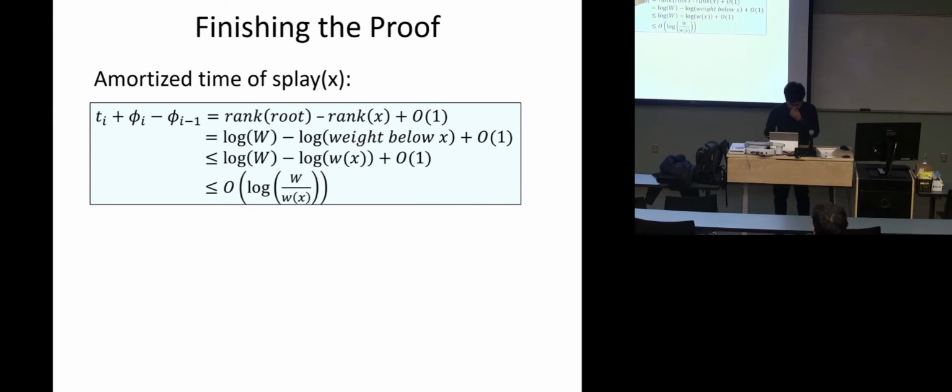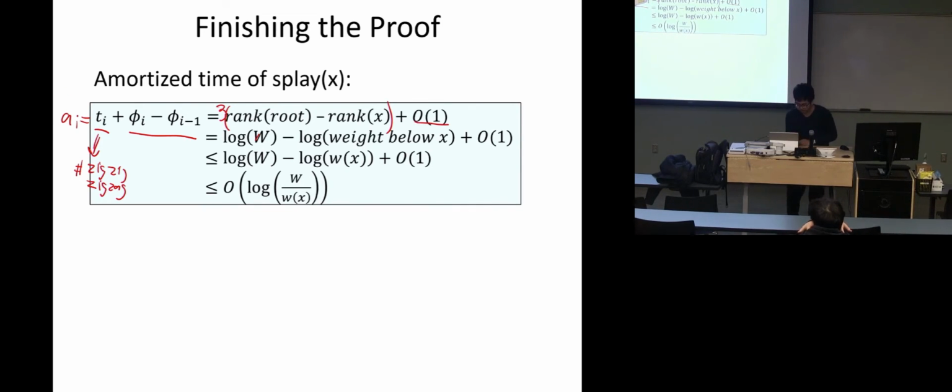So it means that the amortized time, which is the real cost, which is just the number of zig-zig and zig-zag steps, plus the change in potential, is just something like 3 times this thing, plus a constant. Why?